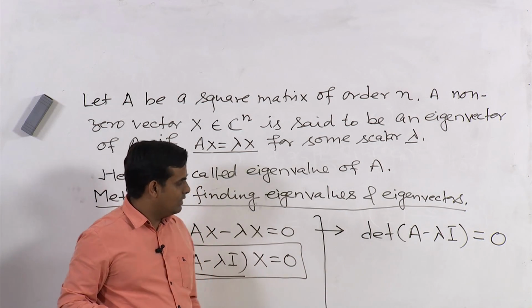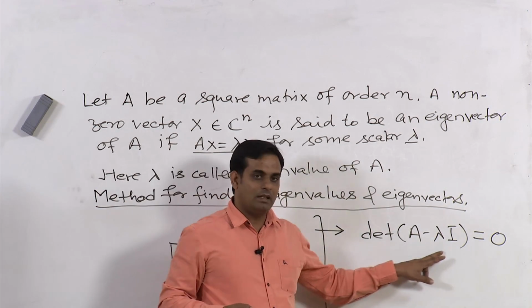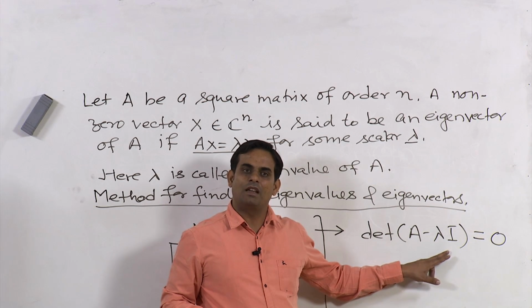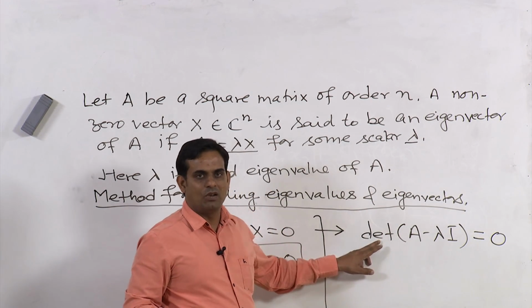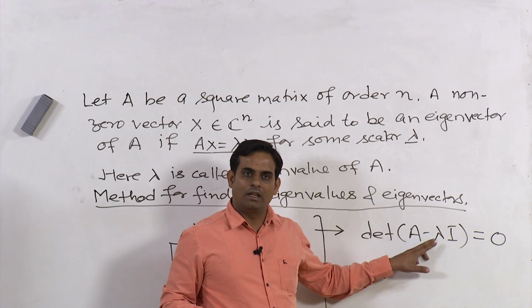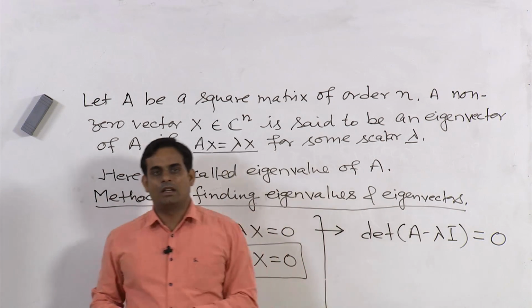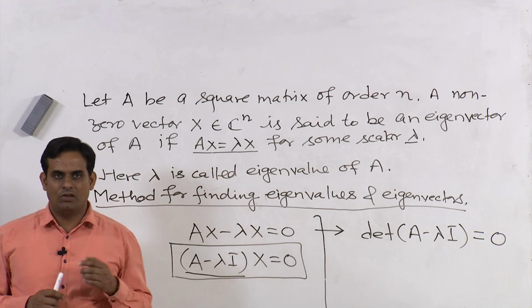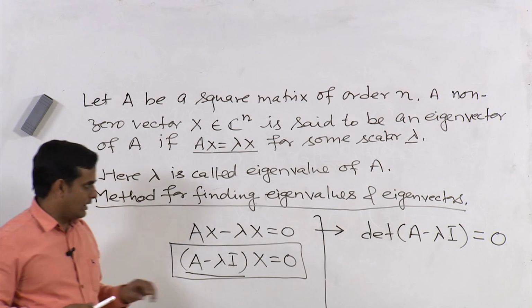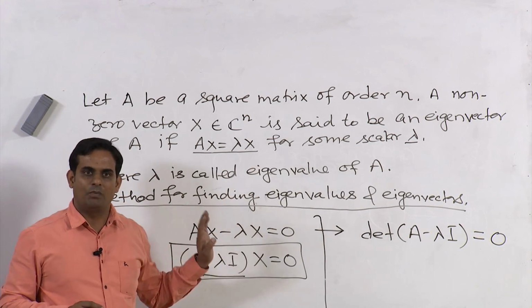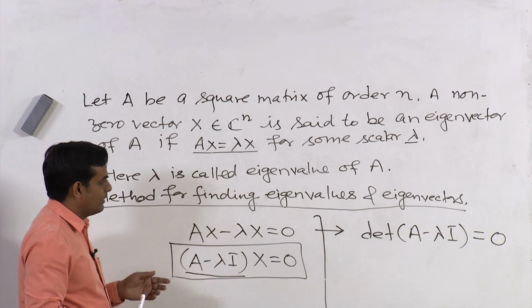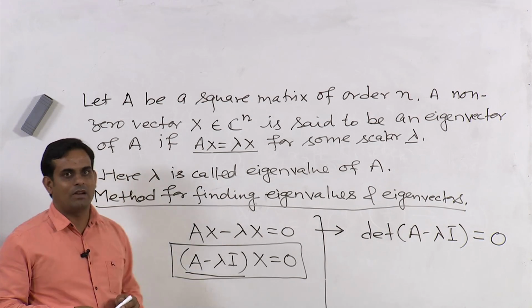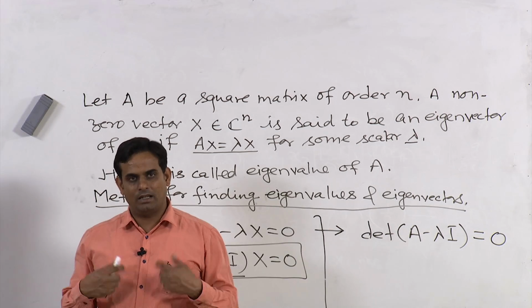Now, if I get the determinant of A minus lambda I, it will be a polynomial of degree n in lambda, and the zeros of that particular polynomial are the eigenvalues of matrix A. So, using this concept we can find the eigenvalues of a matrix.